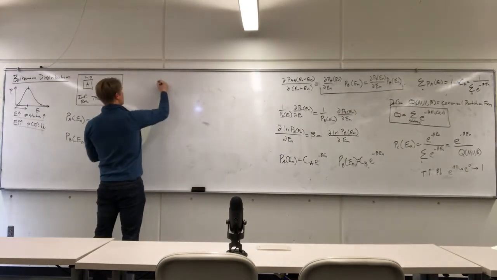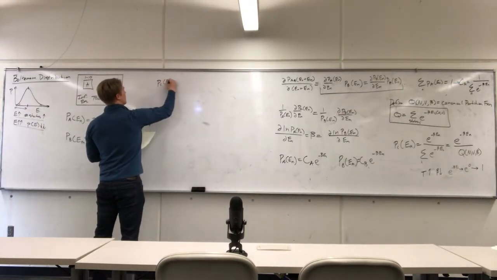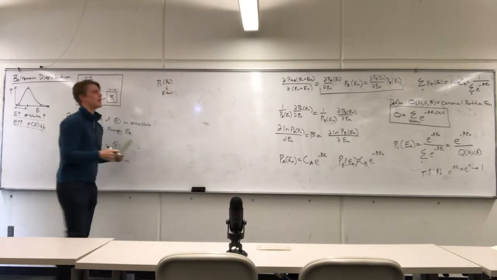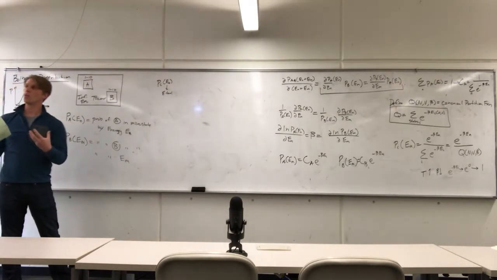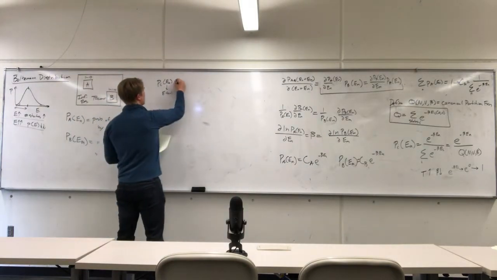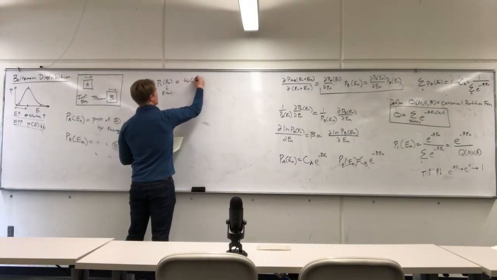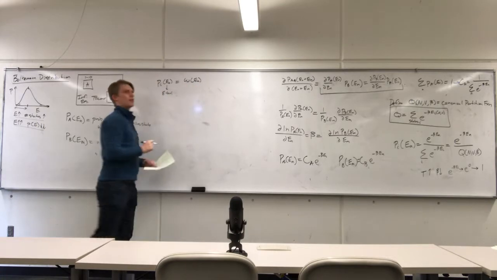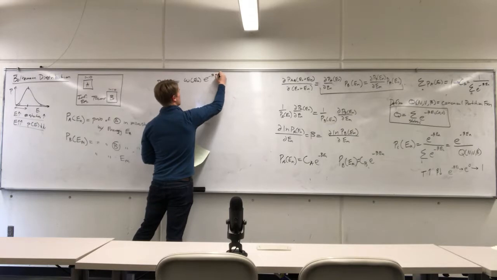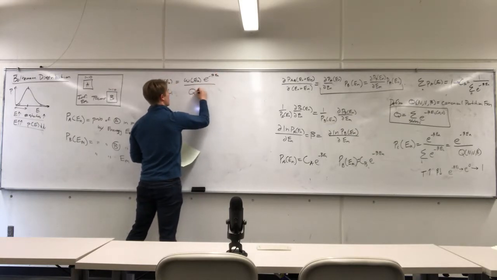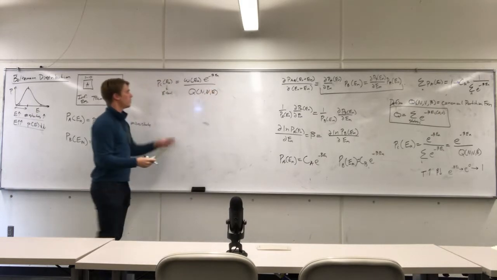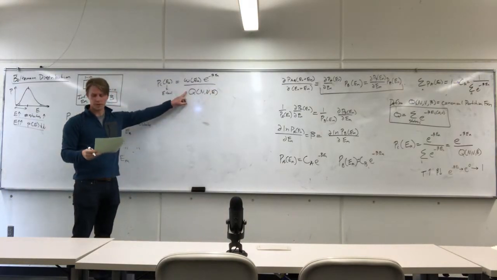So instead of it being an energy state, we can say, what is the probability that the system has an energy level equal to E alpha, which means that this is going to be the degeneracy of the energy level E alpha multiplied by the factor that we just derived, divided by the partition function. Remember, this is just the summation over all of the states.